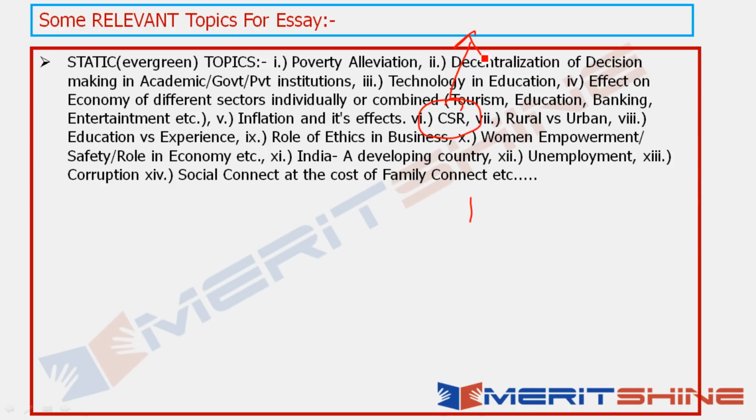You can write so many things about it: whether it is required, whether paying taxes is part of CSR or not, or whether apart from paying taxes companies should do CSR. If required, what is its relevance for a developing country like India?